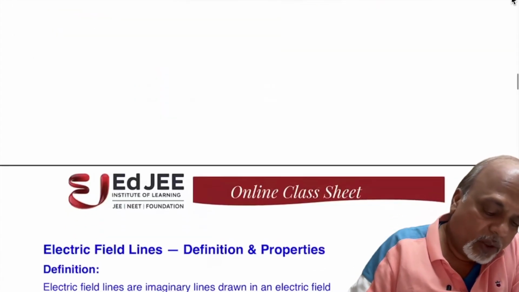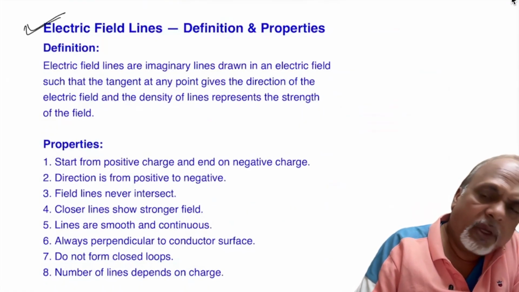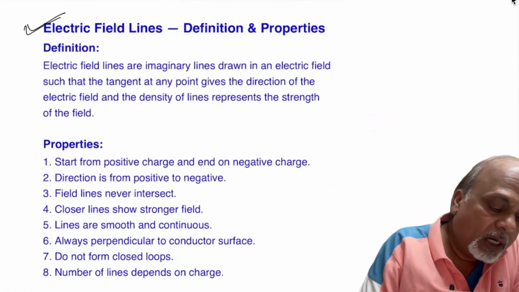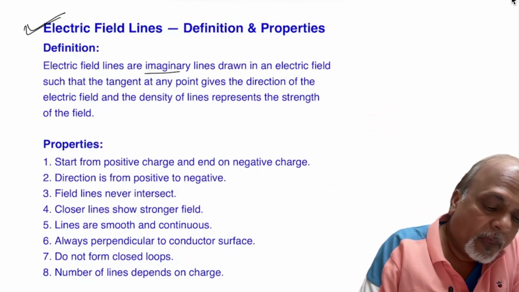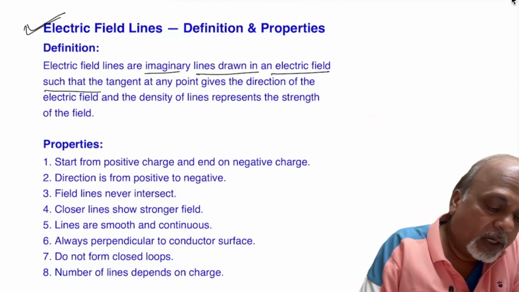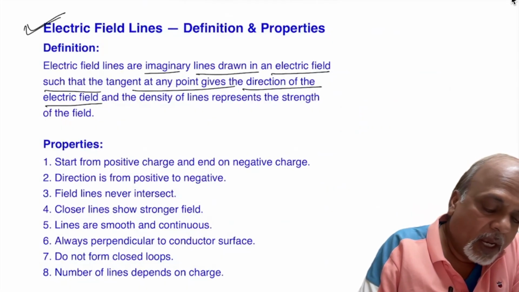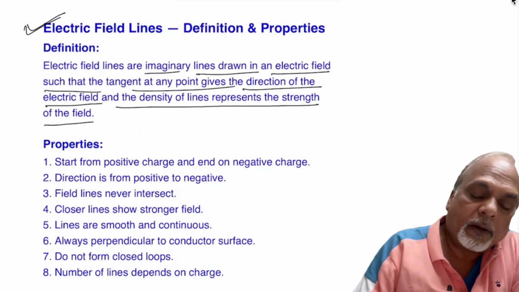Now, electric field lines, as you have seen, we can see the definition. Electric field lines are imaginary lines drawn in an electric field such that the tangent at any point gives the direction of the electric field and the density of the lines depends on the strength of the field. Correct.